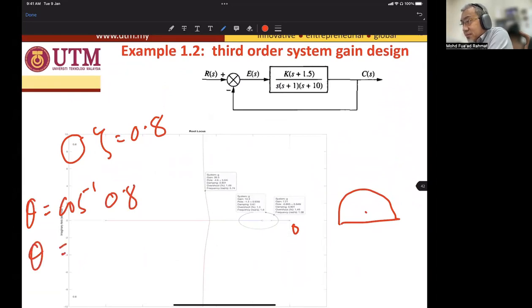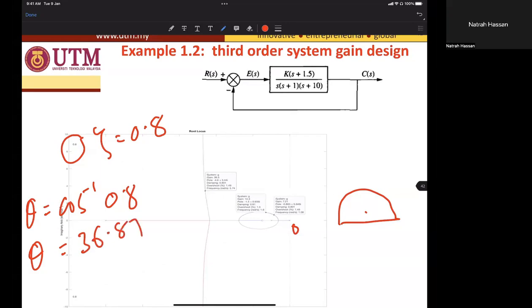Natra? How many? Inverse cos 0.8. 36.87 degrees.